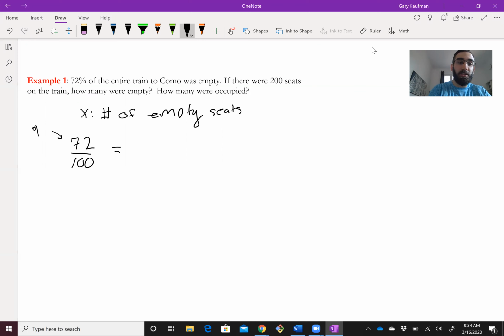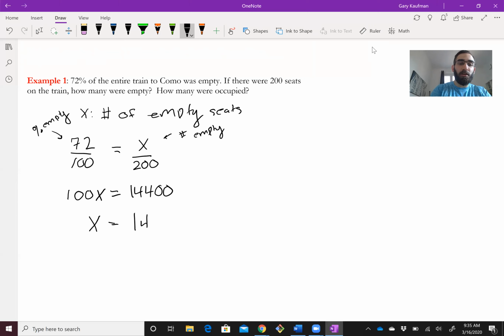So here's the percent empty. And so we have the number empty, which is our X, over the total number of seats, which is 200. We were able to cross multiply to get 100X equals that. Divide by 100 and get 144 empty seats.